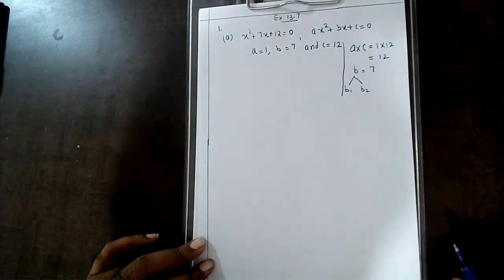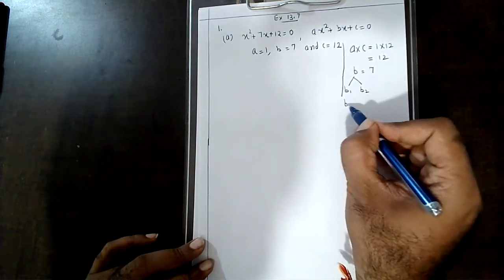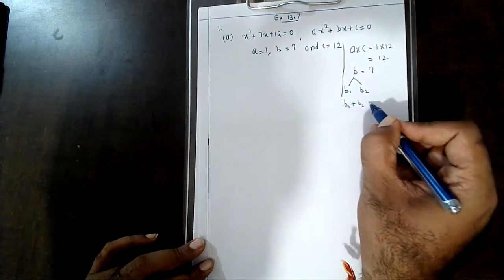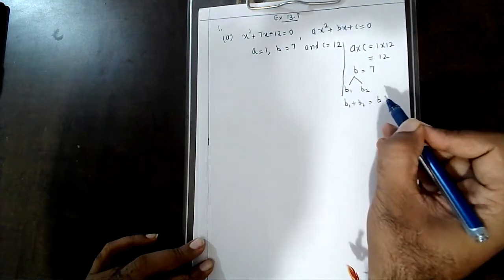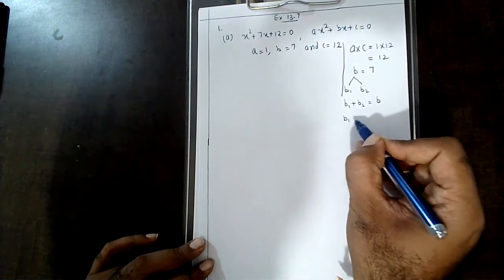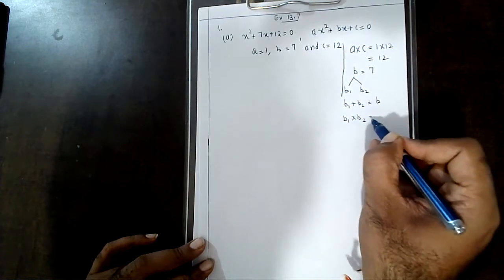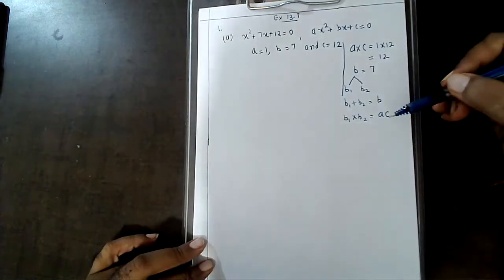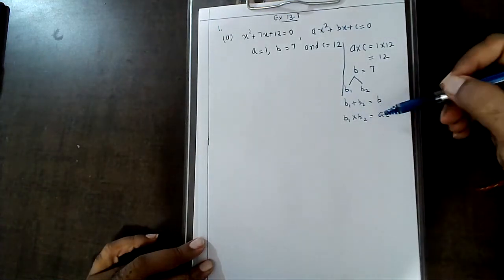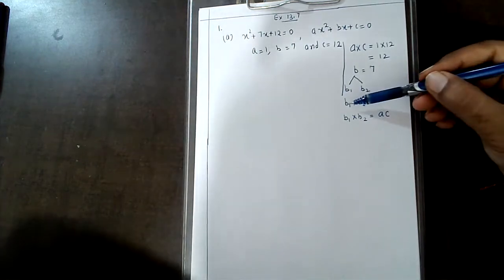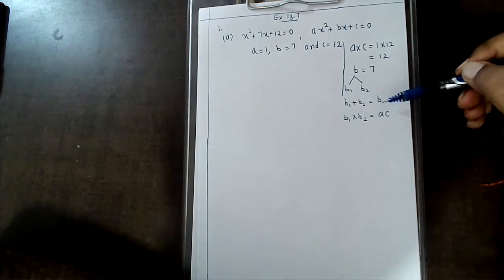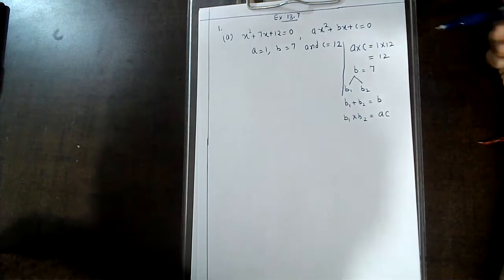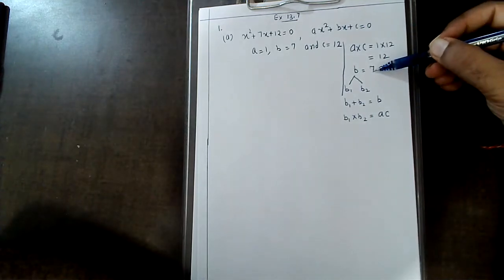Conditions are, on adding b1 and b2, it should be equal to b, and on multiplying b1 with b2, it should be equal to ac. Sum of b1 and b2 should be equal to b. The number is 7.